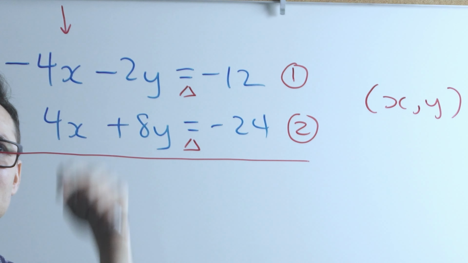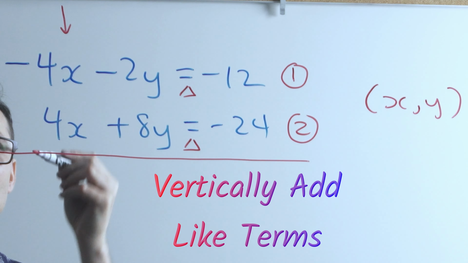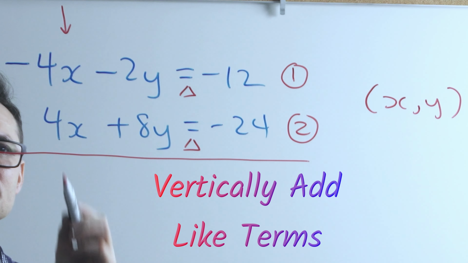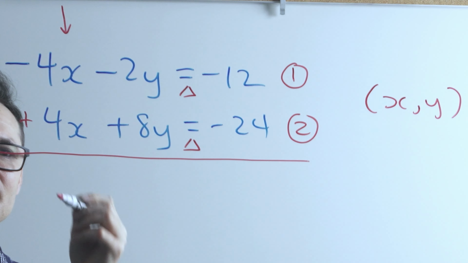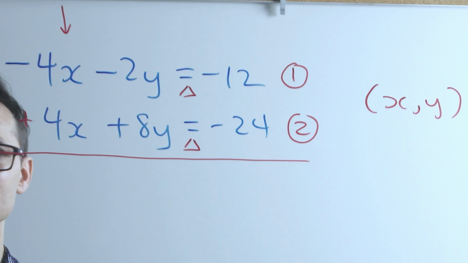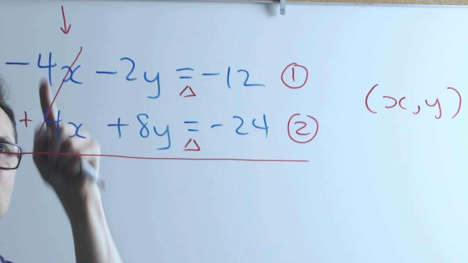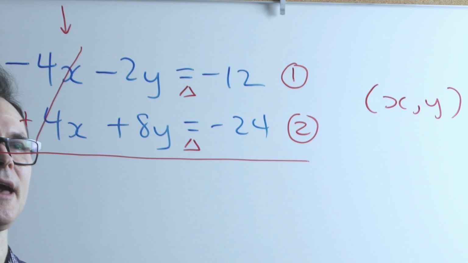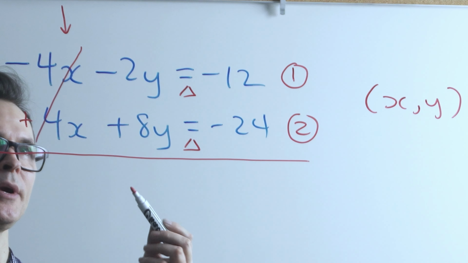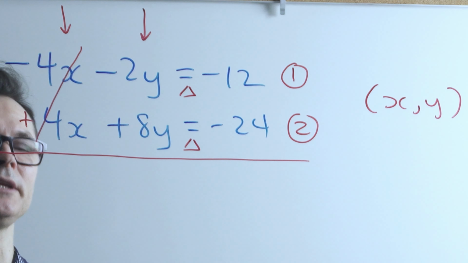If I vertically add these, they would go away because -4x plus 4x is 0x, which I'm not going to write. So the x variable eliminates. You watch for cases where the coefficients are opposites, and elimination is usually the best way to go.